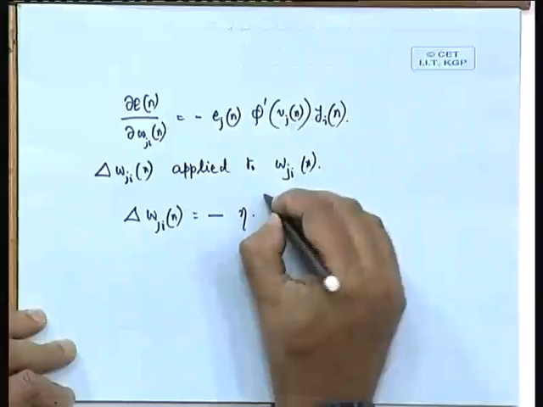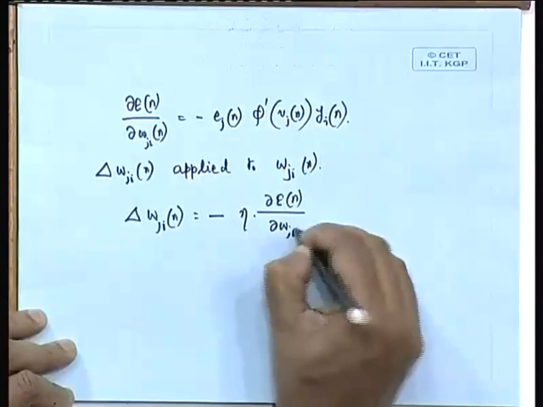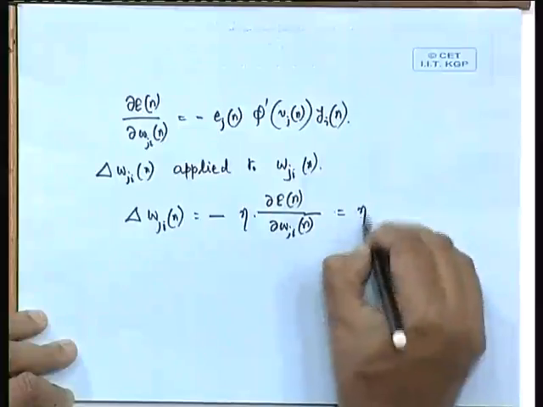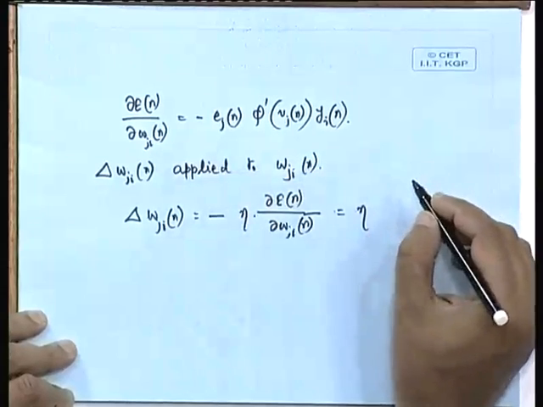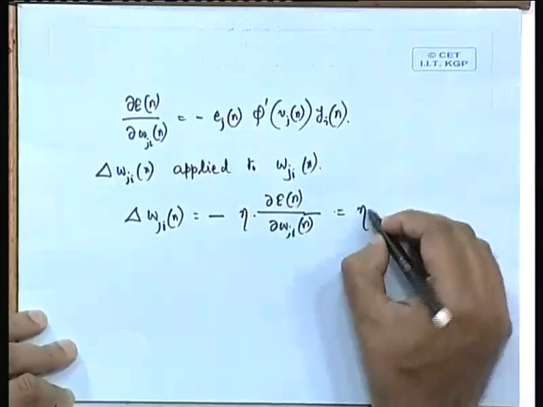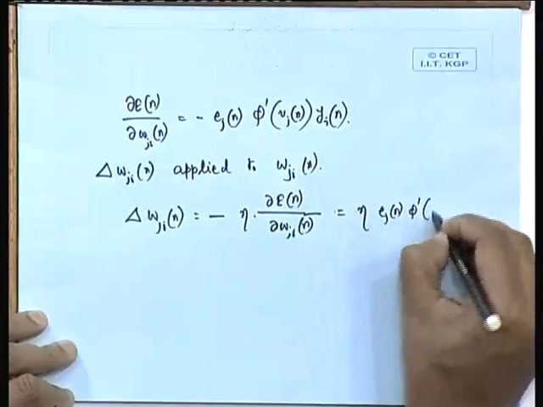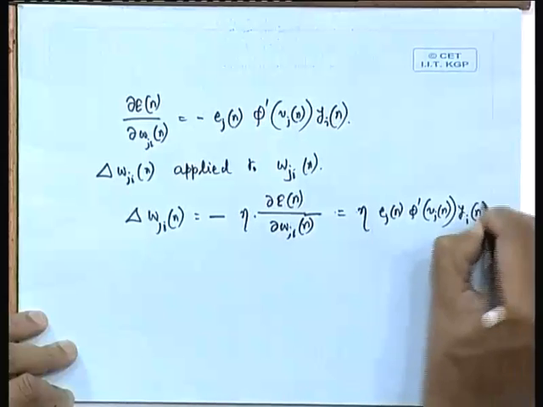So it is equal to minus eta times ∂E(n)/∂Wji(n), because it should be in the direction negative to the direction of the gradient. So that means it simply becomes equal to eta times Ej(n) phi dash Vj(n) times Yi(n).